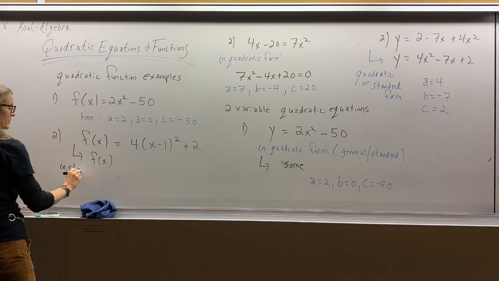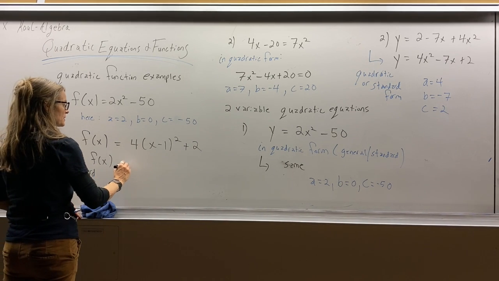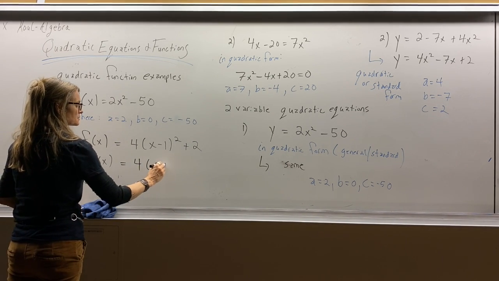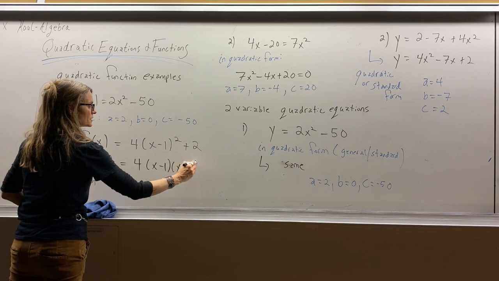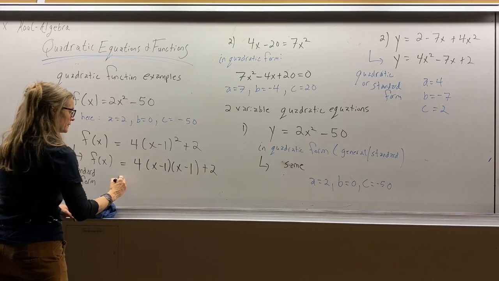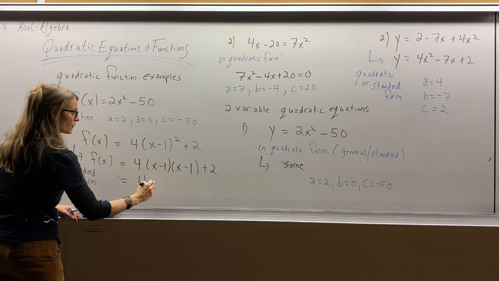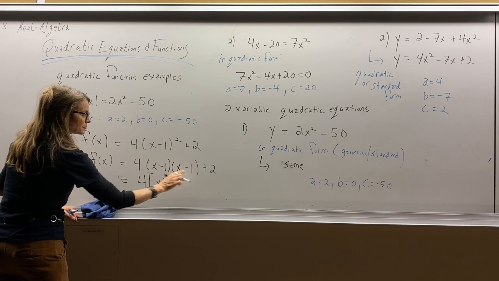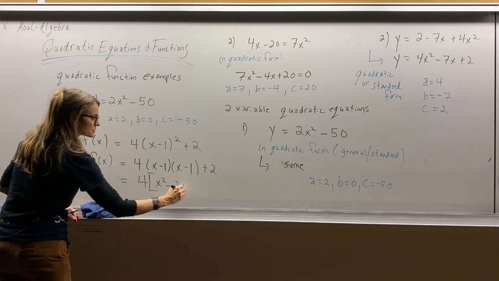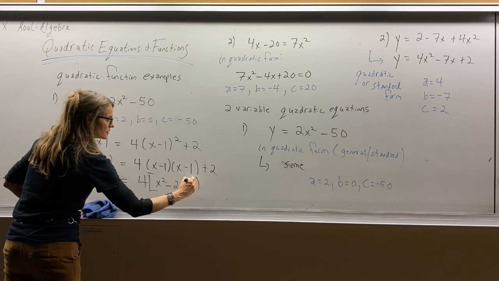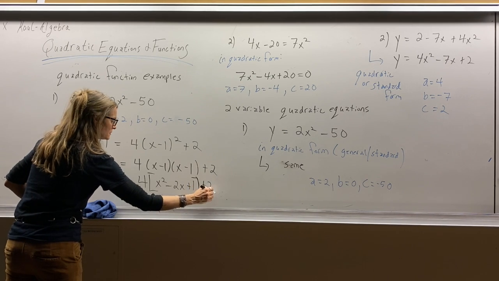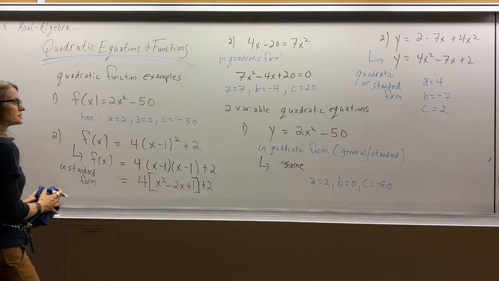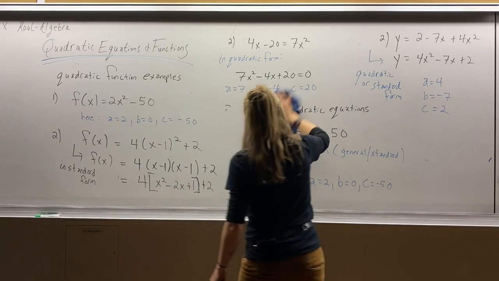So if I multiply this out and put this in what we call standard form, quadratic form, what's going to happen is this becomes 4 times x minus 1 times x minus 1 plus 2. And this is the same thing as saying 4 times x squared minus 1x minus 2x plus 1, plus 2.